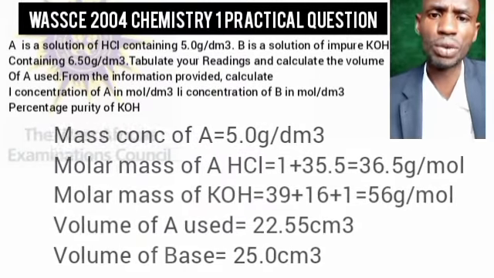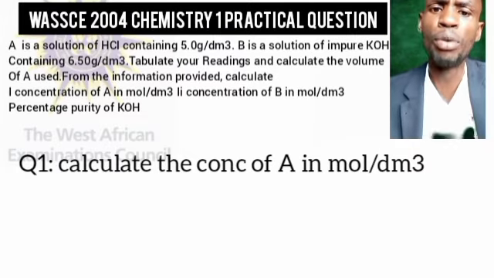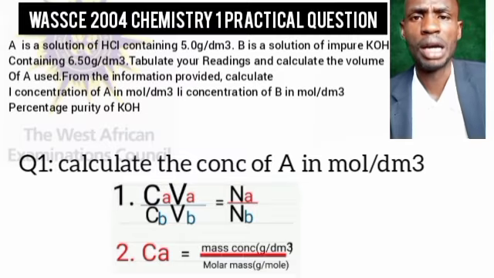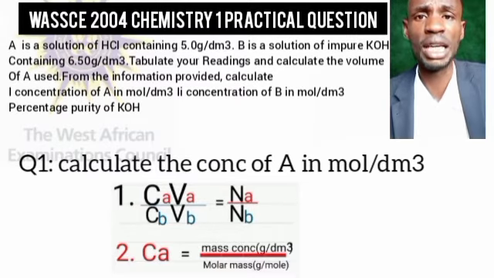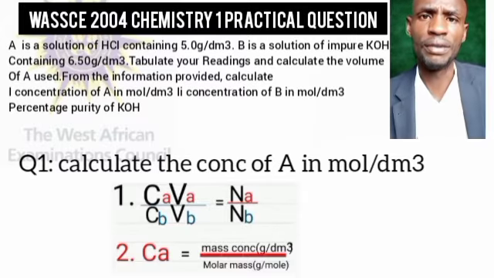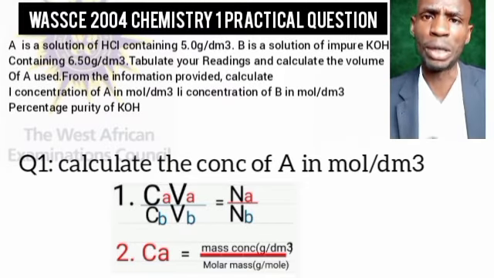Now let's proceed to the question. The question asks us to calculate the concentration of A in mole per dm cube. When you are calculating the concentration of A in mole per dm cube, you either use CaVa over CbVb is equal to Na over Nb, or we use molarity, which is equal to mass conc over molar mass.